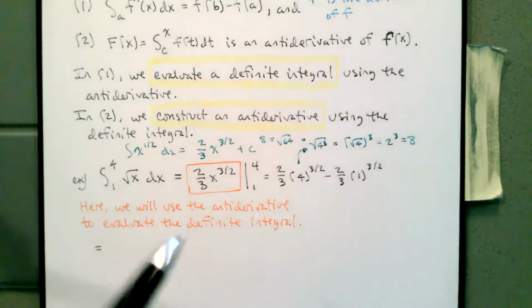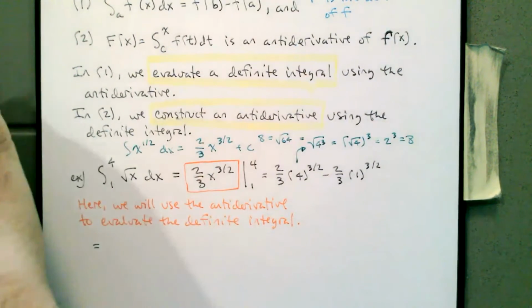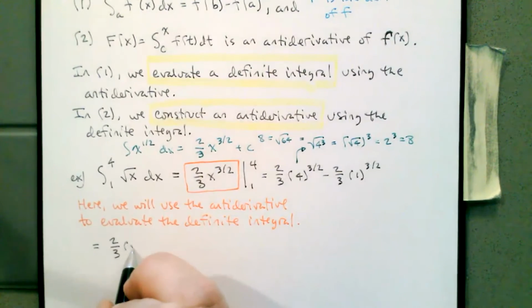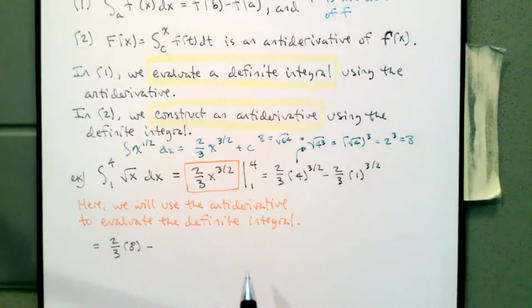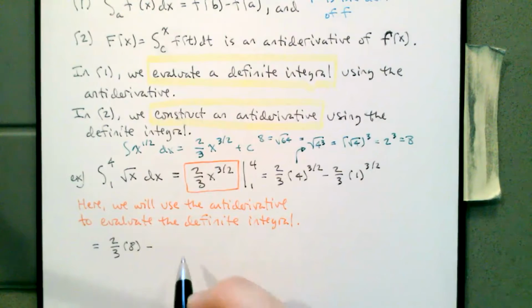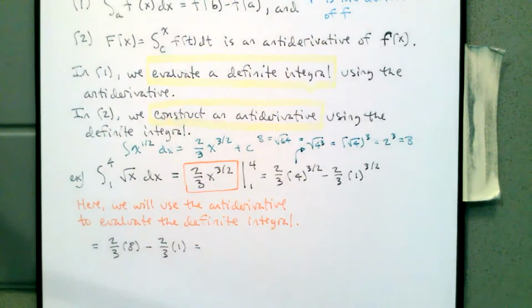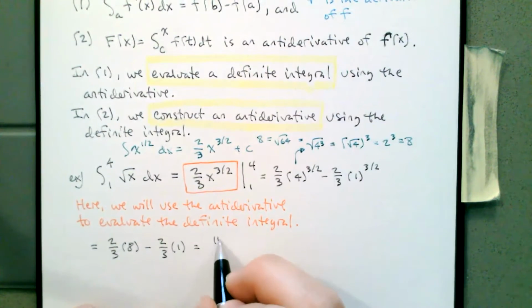So I got 2/3 of 8. One to the 3/2 power is just 1. So I got 16/3 minus 2/3, 14/3.